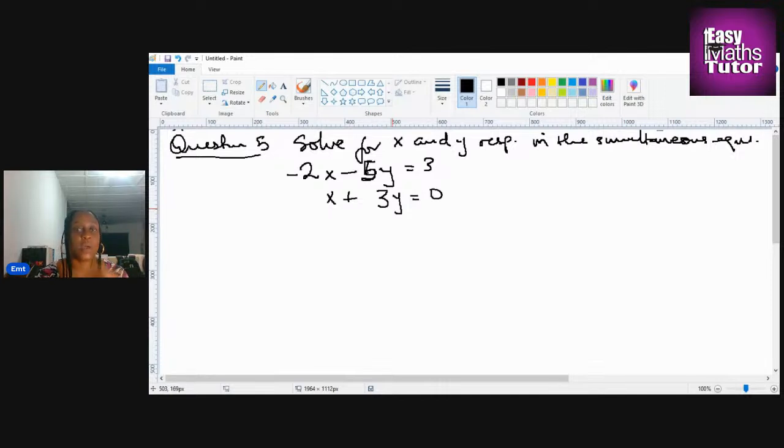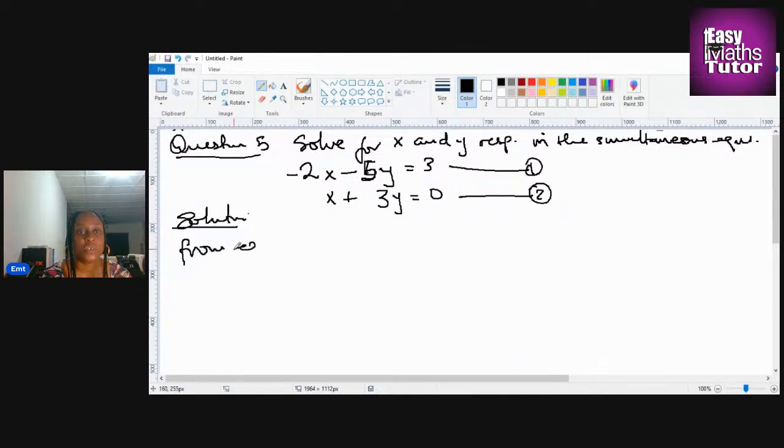Solve for x and y respectively in the simultaneous equations. Solution. So we're going to name the equations, equation 1 and equation 2. From equation 2, we make x the subject of the formula, giving us x equal to minus 3y.